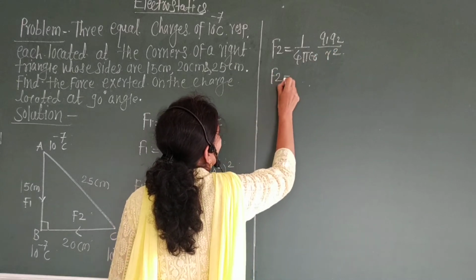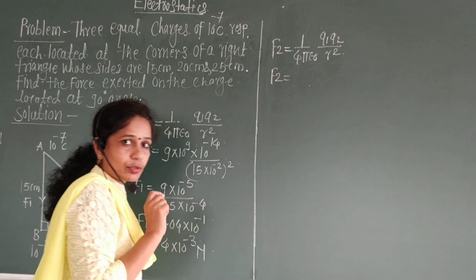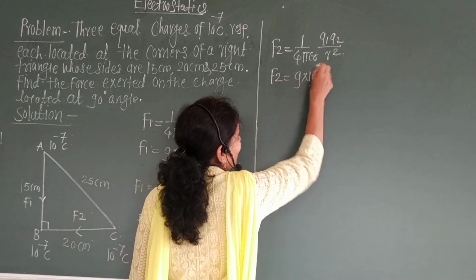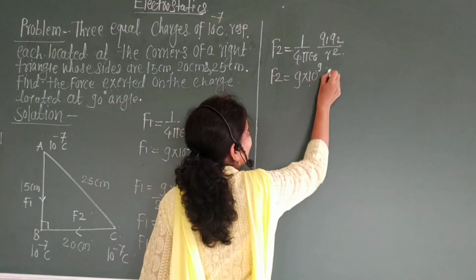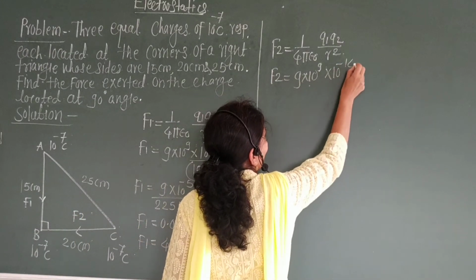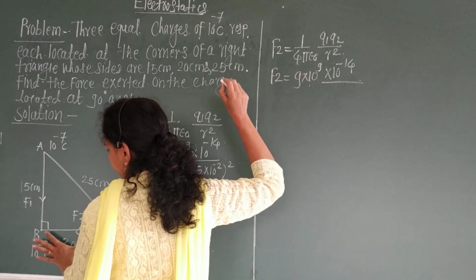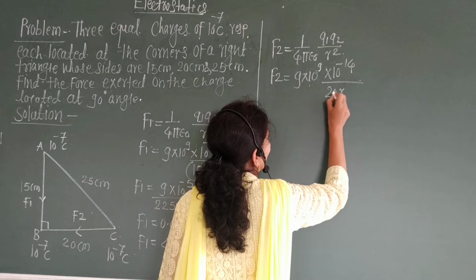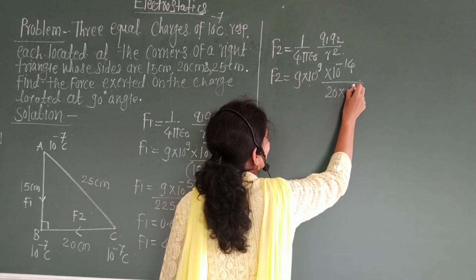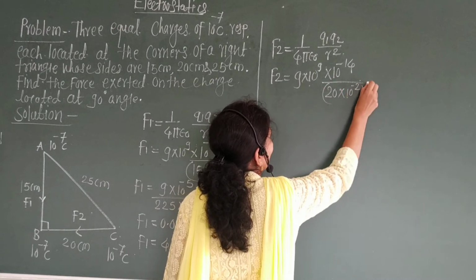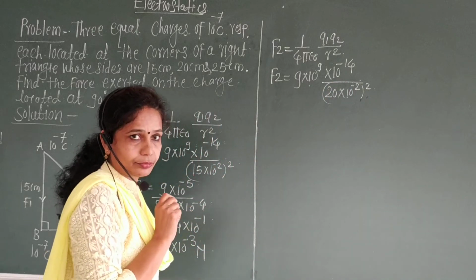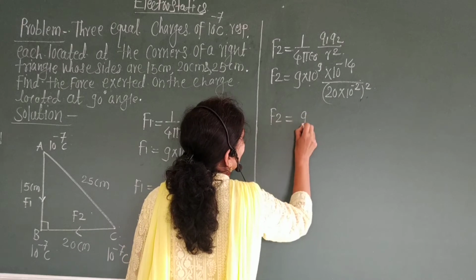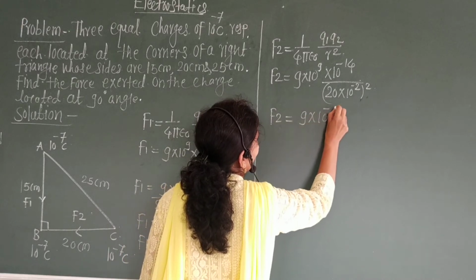Again, 1 upon 4 pi epsilon 0 is 9 into 10 raised to 9, and Q1 Q2 is again 10 raised to minus 14. What is R square? Here the distance is 20 centimeter. Convert it into meter. Therefore, (20 into 10 raised to minus 2) bracket square. Therefore, F2 is equal to 9 into 10 raised to minus 5.